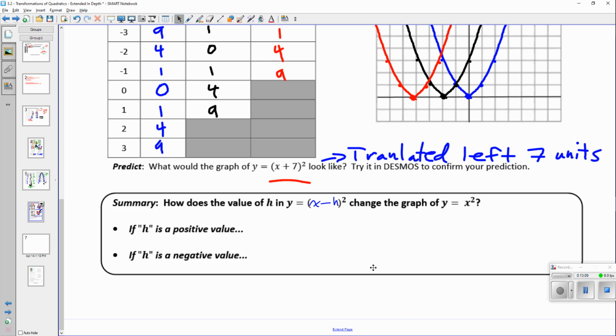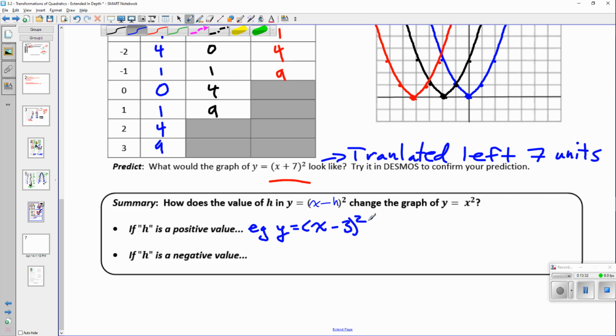So here's the deal. If h was positive, then you would have something that looks like this. For example, y is equal to x minus 3 squared. You'd have the opposite, because if I had a negative and a positive, I get a negative. So x minus 3.